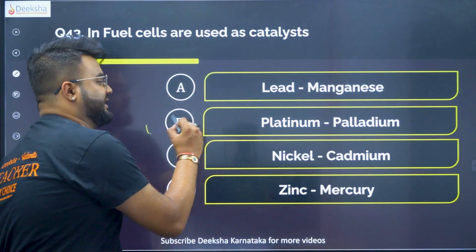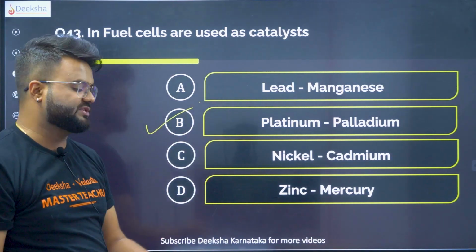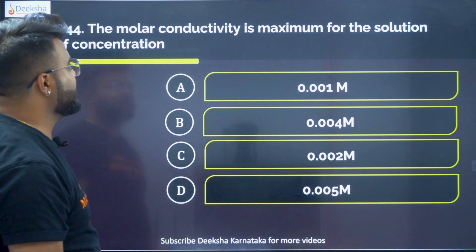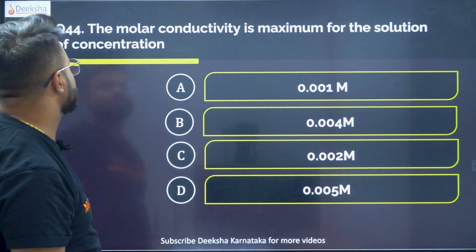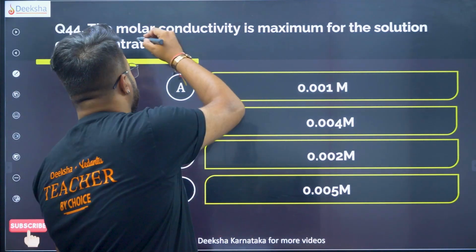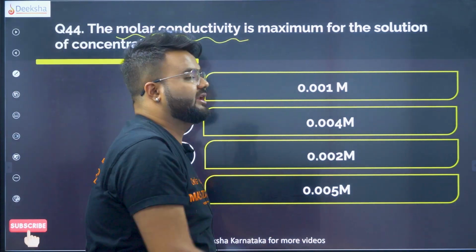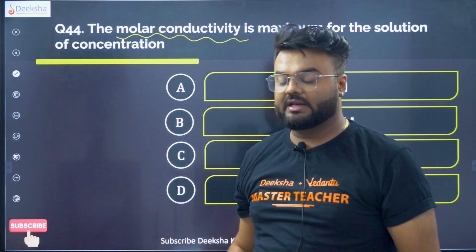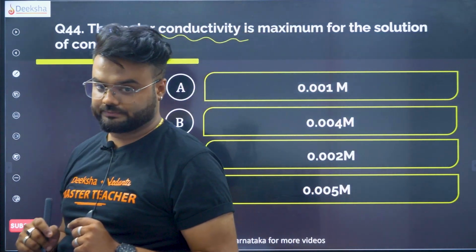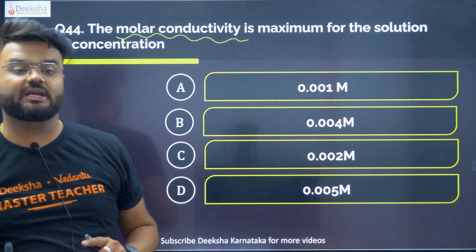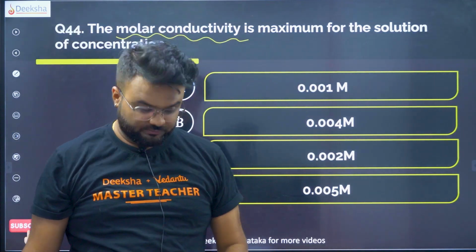We know that platinum and palladium. Electrochemistry question it is. The molar conductivity is maximum for the solution in the concentration. Now, we know that molar conductivity increases with dilution.